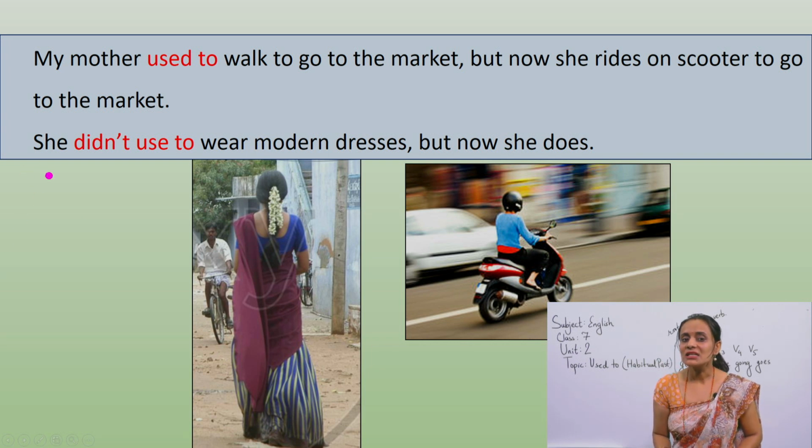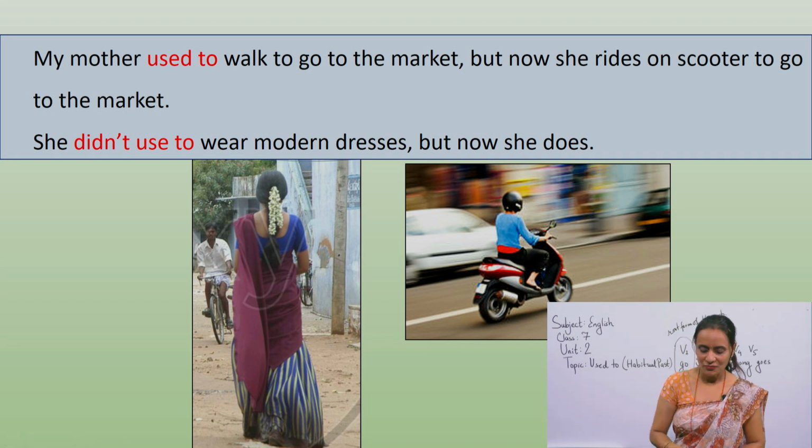Look here, she did not used to wear modern dress. Is this the modern dress? No, it is a traditional dress. She did not used to wear modern dresses, but now she does. This was her past habit and this is her present habit.